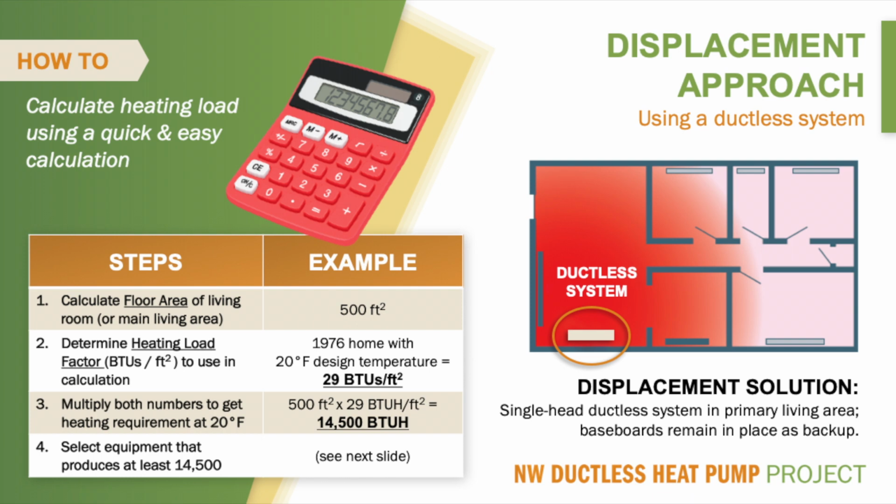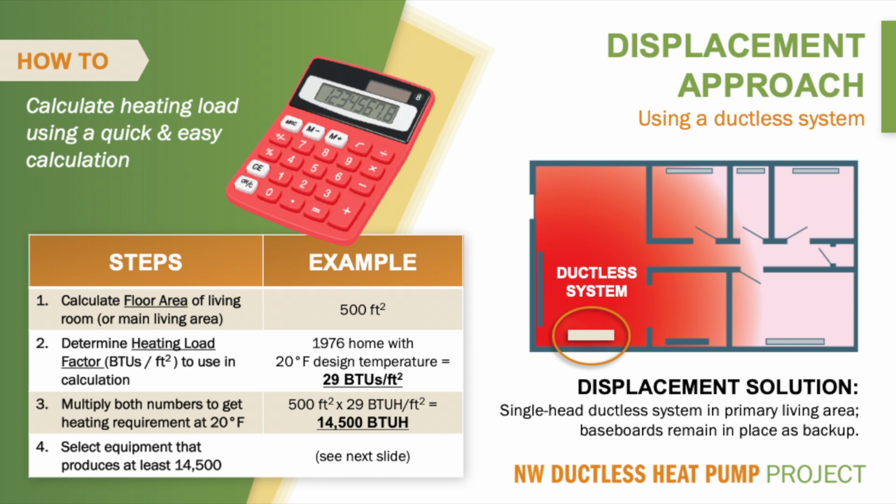Let's imagine that our example is a ranch-style home built in 1976 with little or no insulation and single-pane windows. It is located in the Puget Sound area, so the design temperature is above 20 degrees Fahrenheit. This makes our load factor 29 BTUs per square foot of floor space.